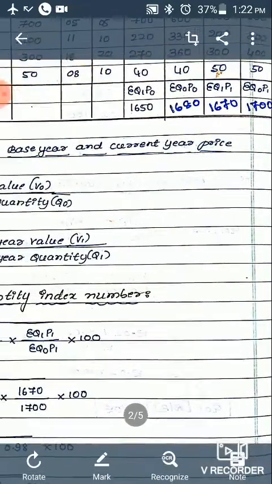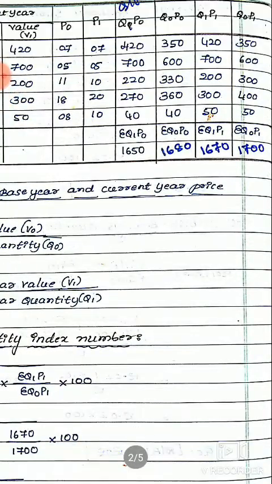And the last column is Q0 P1, I mean base year quantity into current year price. We can multiply each commodity wise. We get 350, 600, 300, 400, next 50. So total of that is sigma Q0 P1 is equal to 1700.